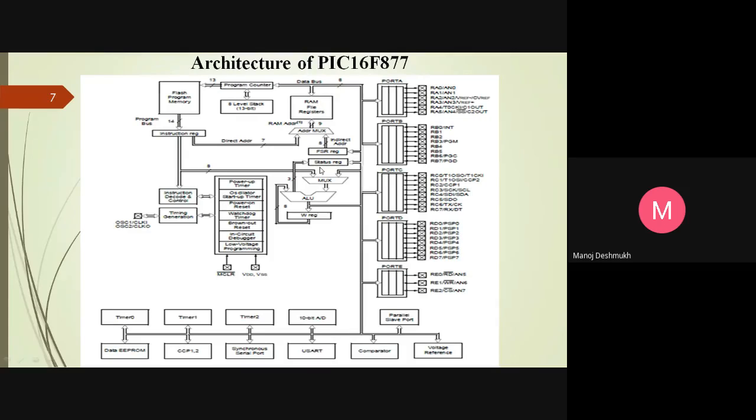Along with that, some status registers are there. So identifying some status of the various bits, like we are defining the priorities, checking or monitoring the carry flags, monitoring some interrupts.